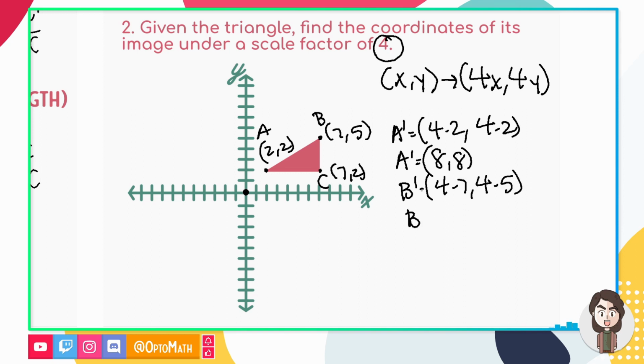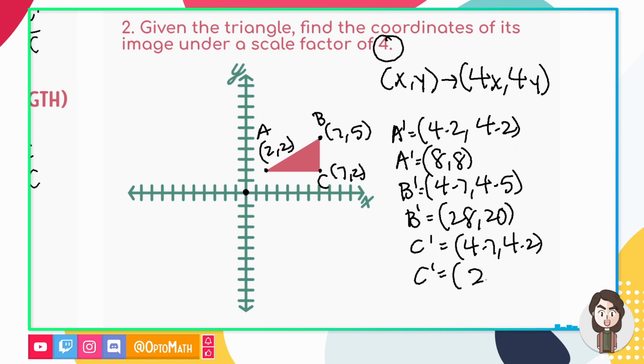So B prime is 28, 20. C prime is 4 times 7, 4 times 2. So C prime is 28, 8. And those are our coordinates.